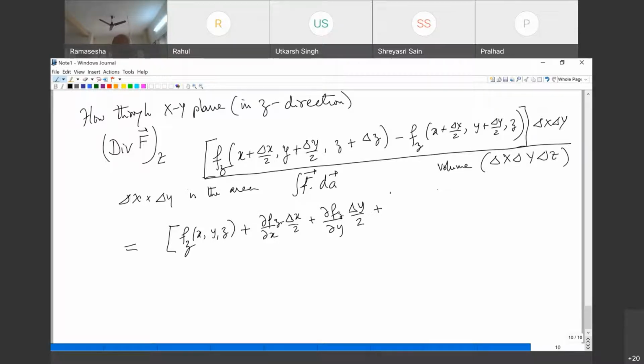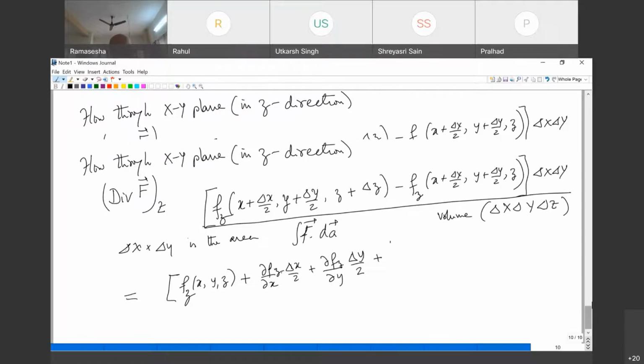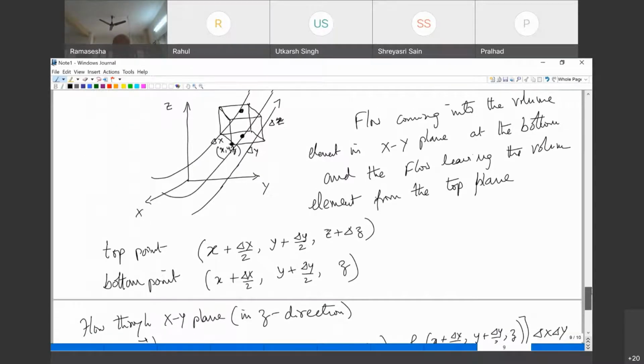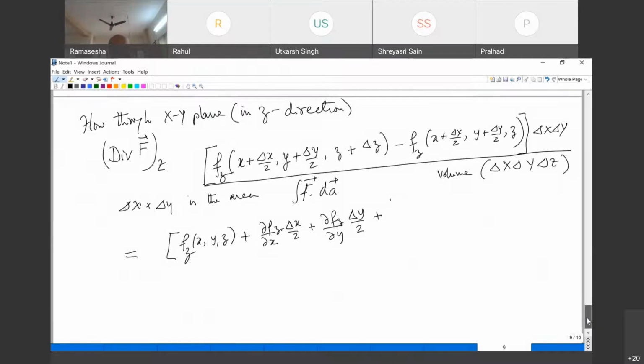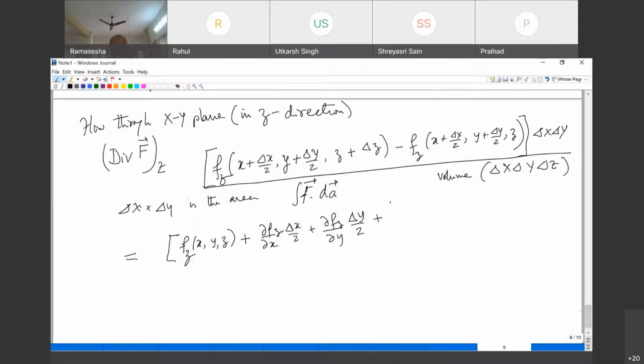Is it clear? I should have taken f_z because what is changing is the z coordinate, from the bottom point to the top point. Because the z coordinate is changing, I'm trying to find out how much is flowing through. So the function that is changing is f_z. Sir, the function f describes the flow. The function f describes the flow, but I can treat it component by component. Okay, sir.